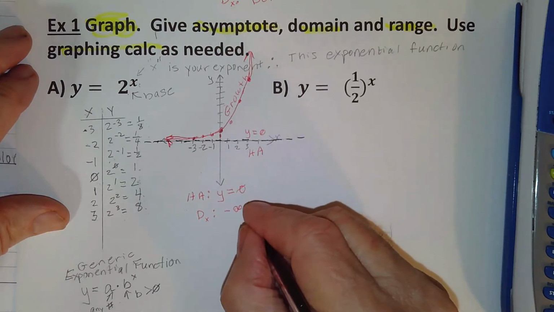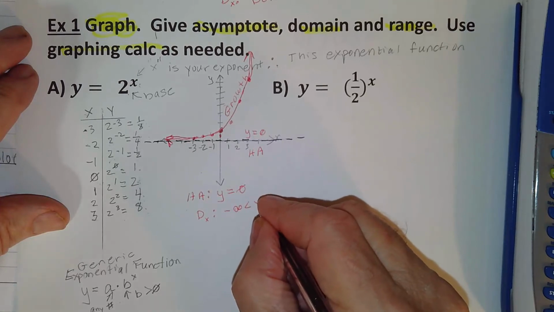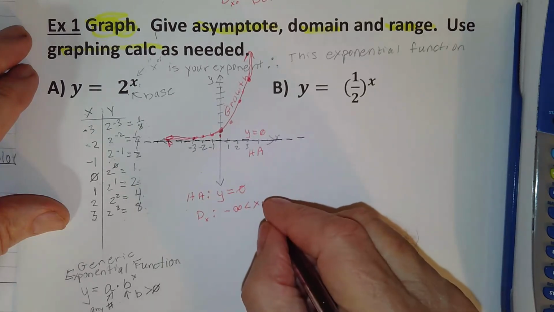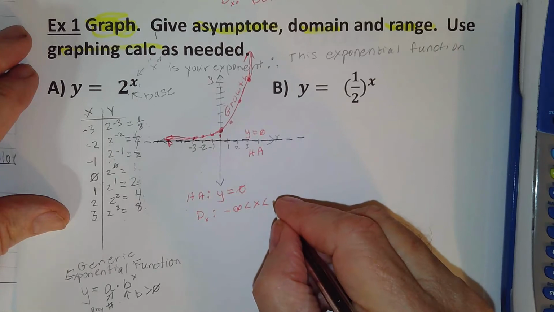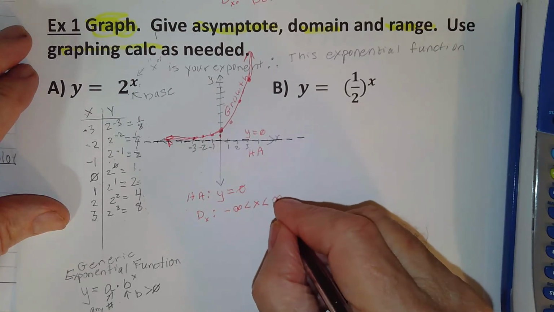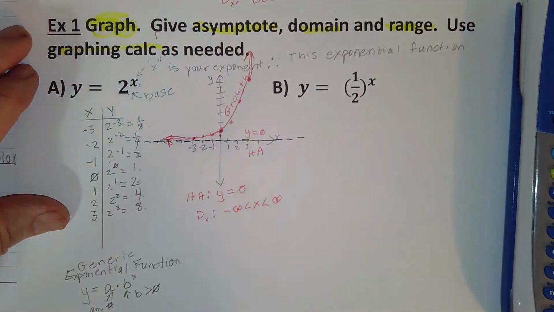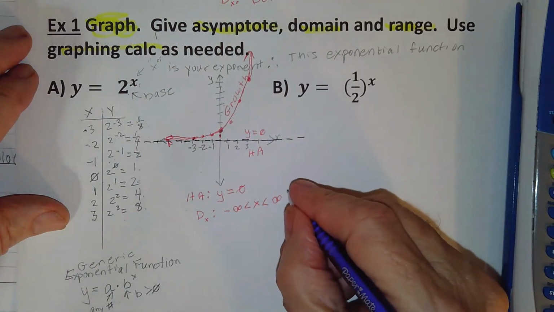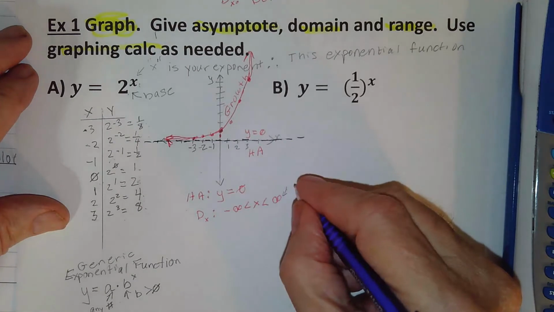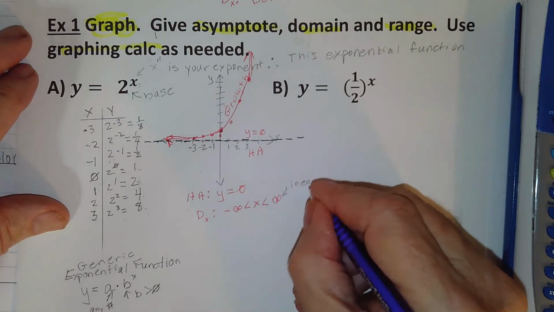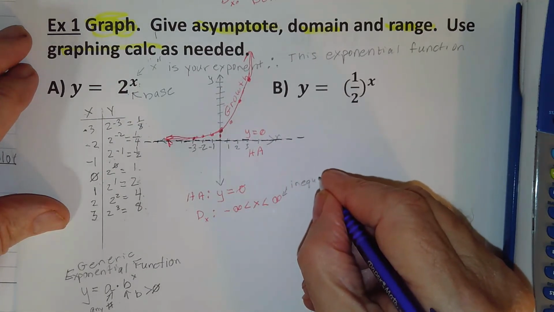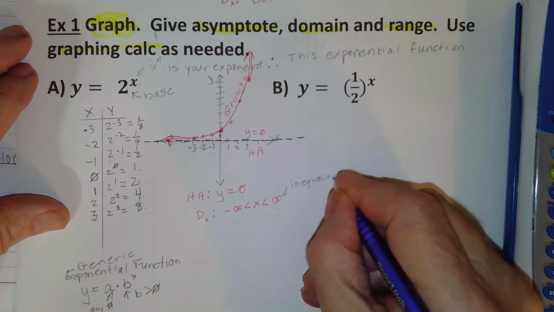And that's going to be less than your x value, which is less than positive infinity. And notice this is kind of a sideways 8. This is what they use. And this kind of notation is called inequality notation. So I'm just going to make that note. Inequality notation.